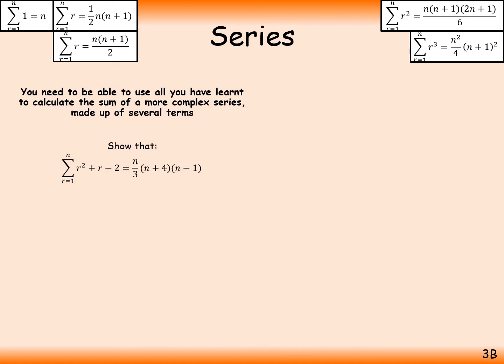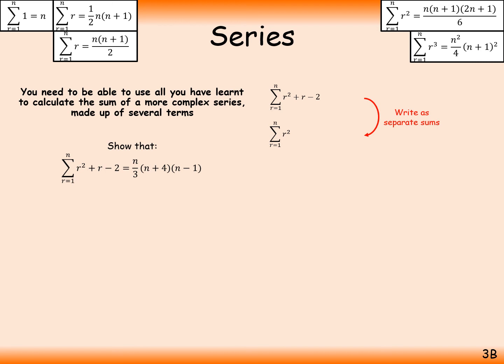Okay, so welcome back to another video. This is part 2 on series. So we have a question here where we're told to work out the sum of r squared plus r minus 2. We have to show that is equal to n over 3, n plus 4, n minus 1 in brackets. So we're going to write this as before in separate sums.